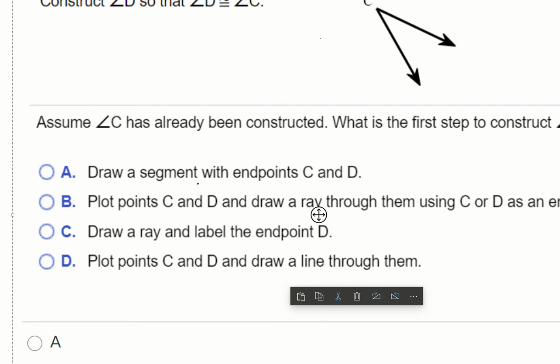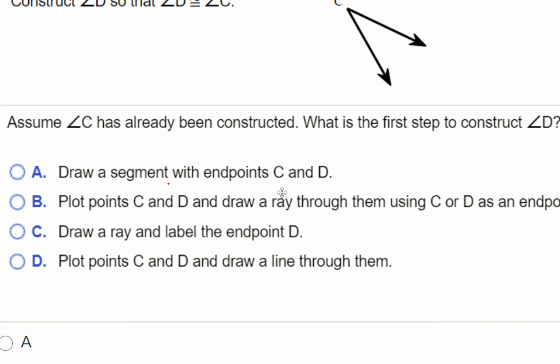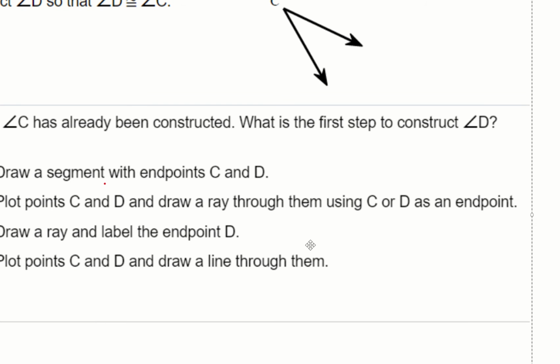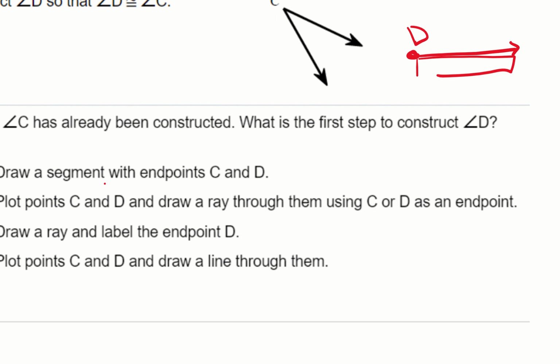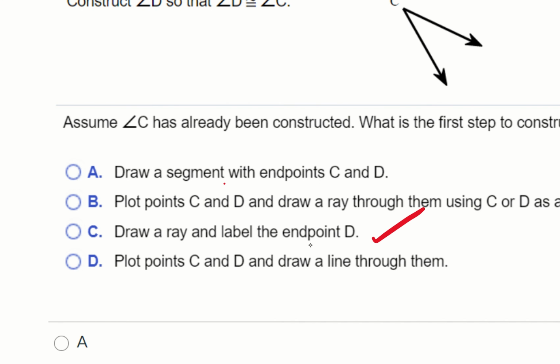Draw a ray and label the endpoint D. That's basically what you're going to do. You draw a ray here, and then you can label the endpoint D. So that's exactly what we did. We drew a ray with a straight edge, and then we labeled the endpoint. D would be the obvious choice because D is right after C. Okay, that's the one that we're looking at.